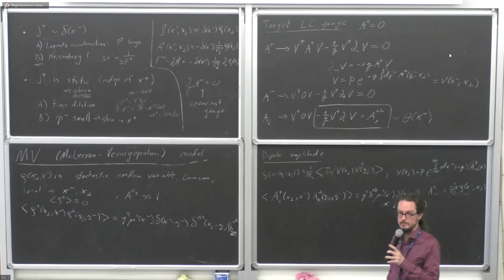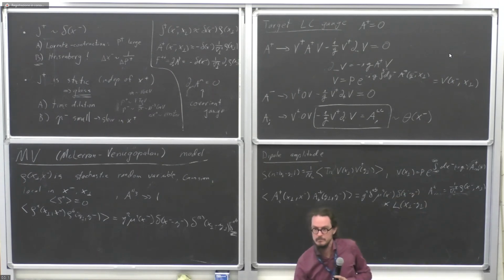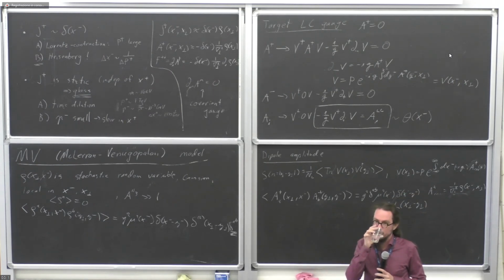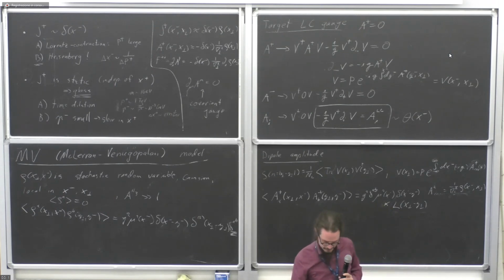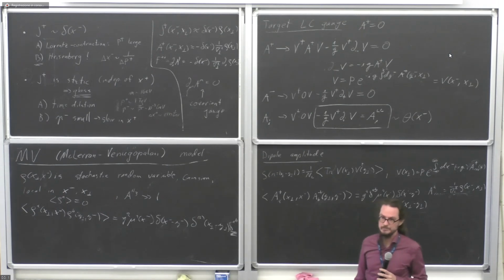You were saying that delta AB is the only thing you can write for SU(3) invariance, right?